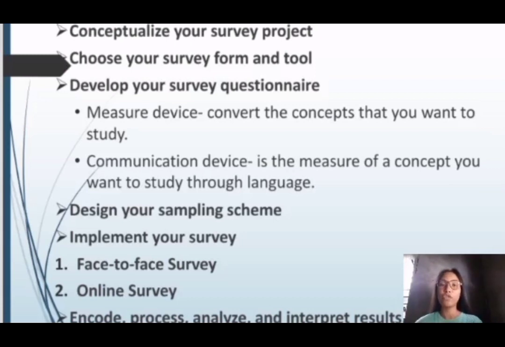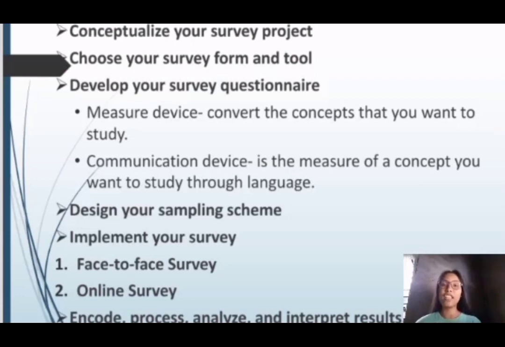The measuring device converts the measures of the concept that you want to study into questions and responses, while the communication device conveys the concepts that you want to study through language and form, which your respondents must clearly understand. Therefore, the questionnaire should be carefully created so that the respondent can properly understand the content, which helps them to accomplish the survey form.